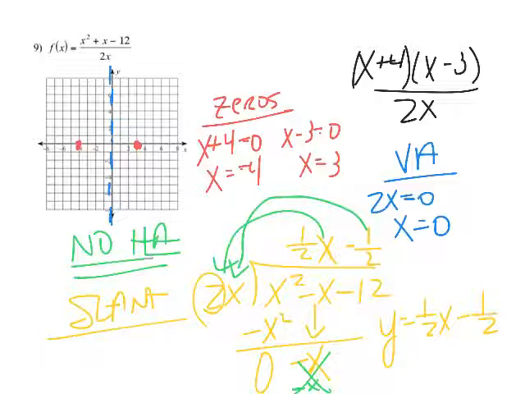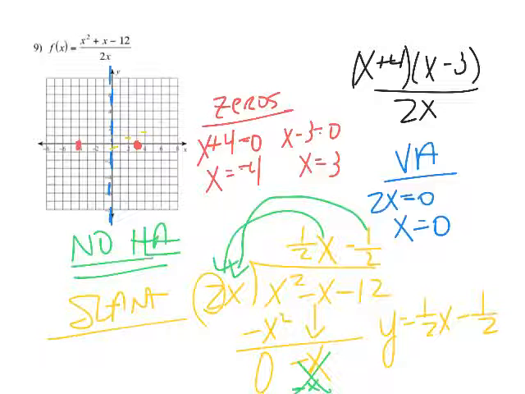My slant asymptote is, again, a little bit rough because we're dealing with fractions and a very small iPad. So you start at negative 1/2, and then you basically go up 1 and to the right 2, up 1 and to the right 2, and up 1 and to the right 2.